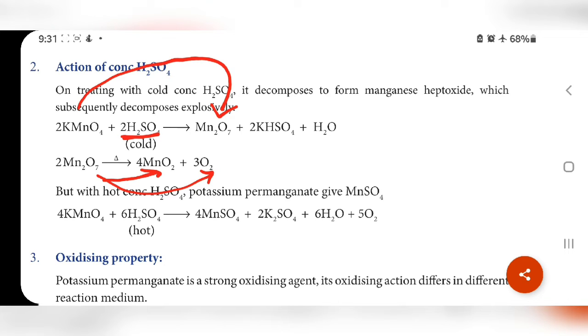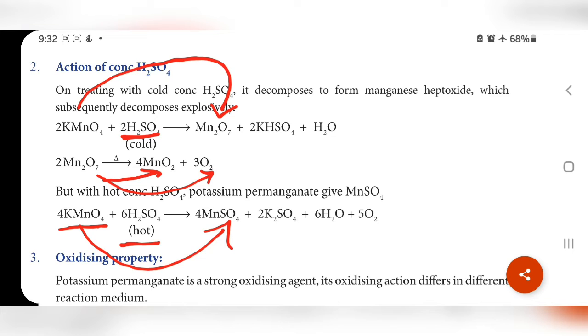But with concentrated hot sulfuric acid, potassium permanganate gives MnSO4, manganese sulfate. So in action of concentrated sulfuric acid, two types of reactions were given: potassium permanganate reacting with cold sulfuric acid, and with hot concentrated sulfuric acid.